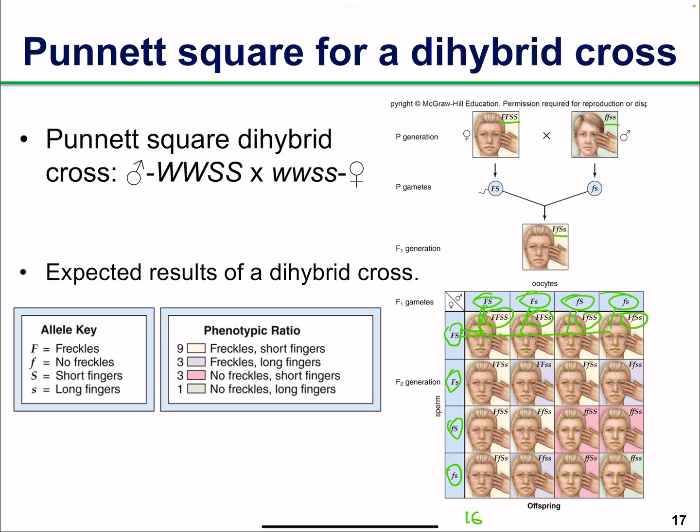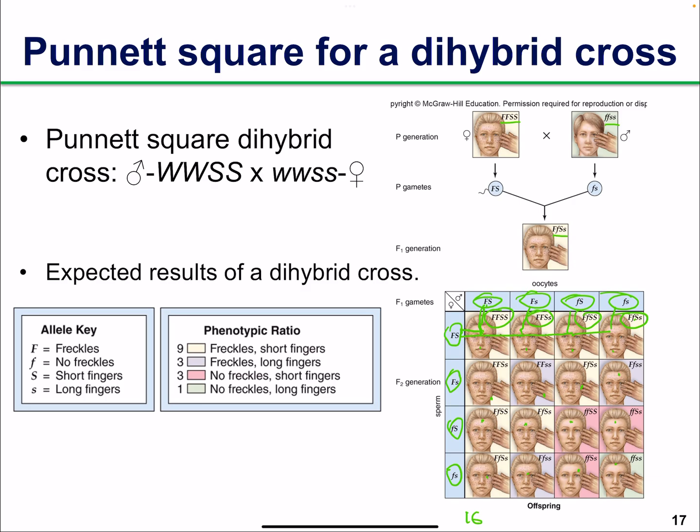So 1, 2, 3, 4, 5, 6, 7, 8, 9, 10, 11, 12, 13, 14, 15, 16, right? But out of all these 16, the question we are going to ask is the following. What is the phenotypic ratio when we are crossing 2 individuals that are dihybrid?